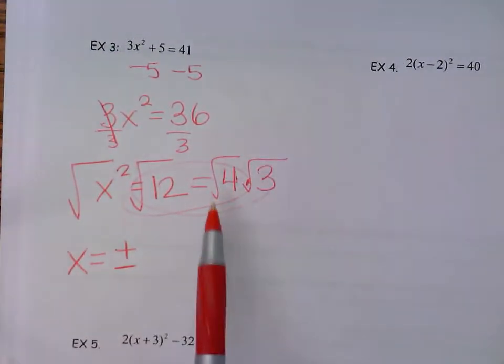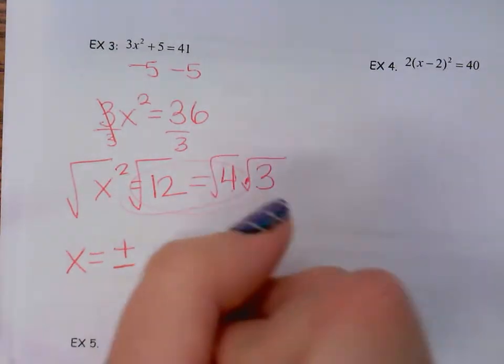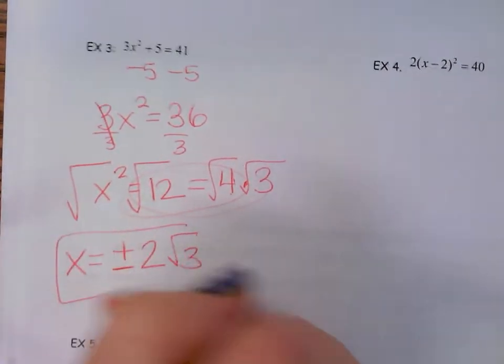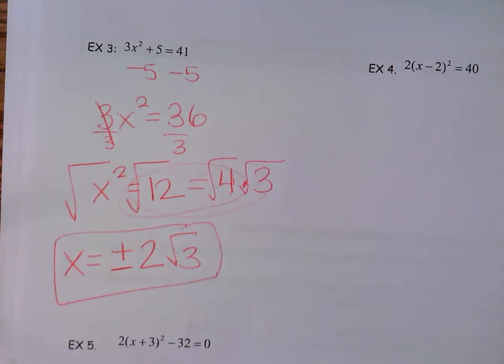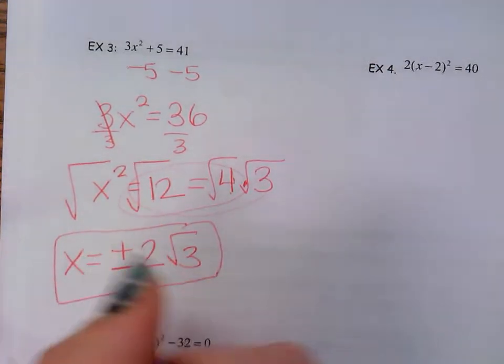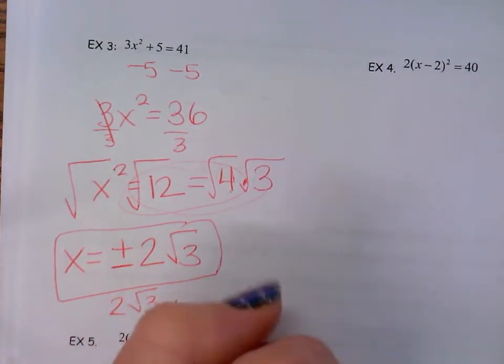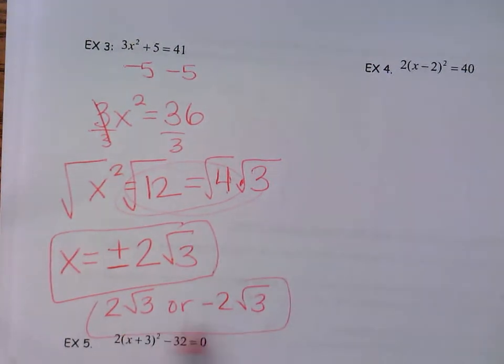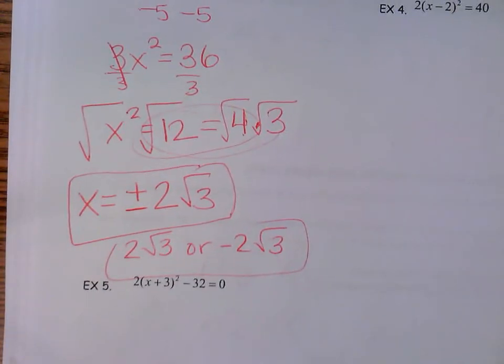So when I take the square root of 4, I'm just going to get 2 root 3. So my final answer would be x equals plus or minus 2 root 3. If you want to write it as 2 root 3 or -2 root 3, that's the same meaning. Plus or minus is just like the shorthand.